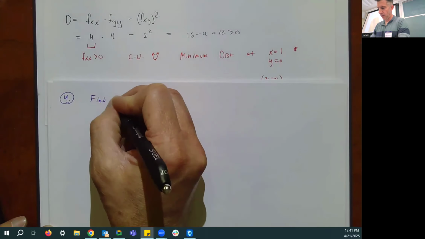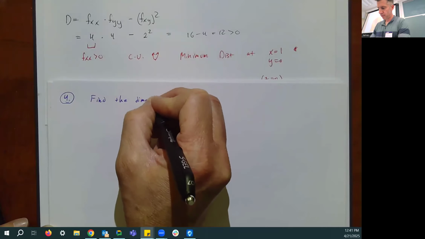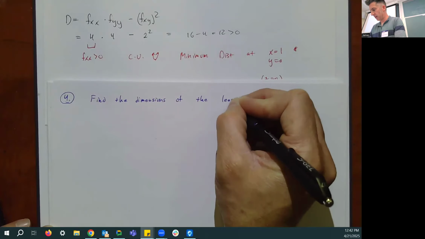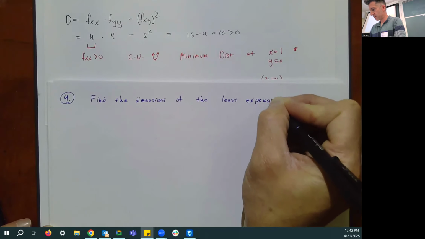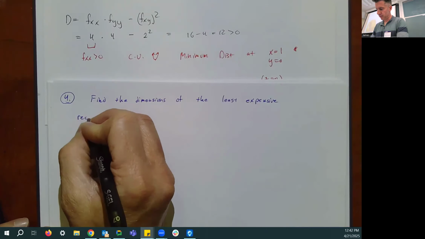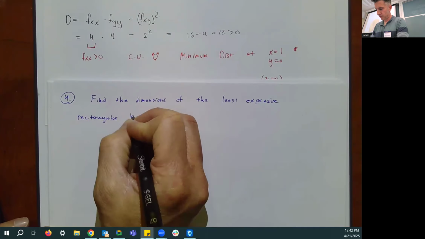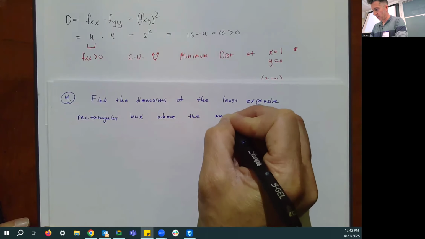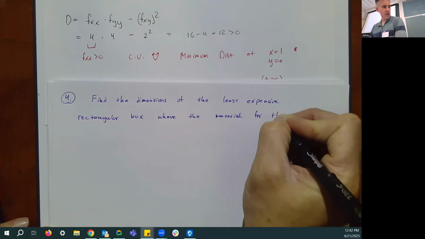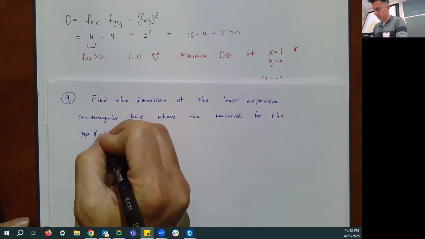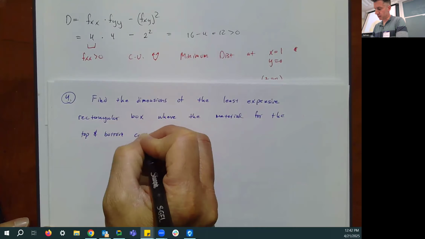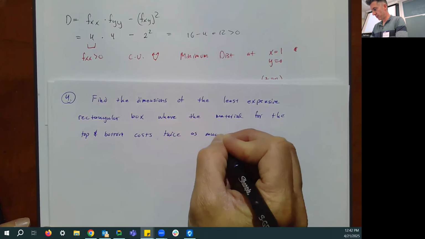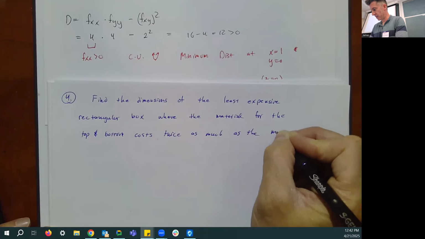So here we want to find the dimensions of the least expensive rectangular box where the material for the top and bottom costs twice as much as the material for the sides.